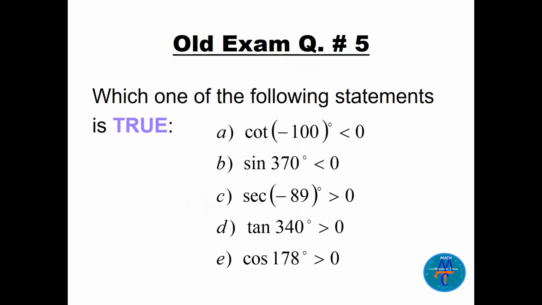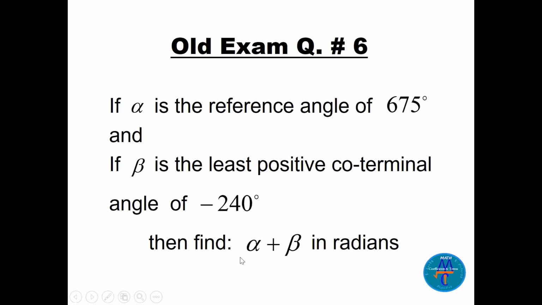Question number 5 is only about signs. Which one of the following statements is true? We have cotan of this angle minus 100 is negative, sine 370 is negative, secant minus 89 is positive. So this is the multiple choice, A, B, C, D, E. One is true and 4 are false.